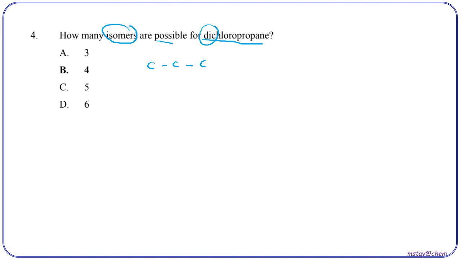When we have 2 Cl, they can be attached to different carbons like this: CH3, CH2, CHCl and CH3. Then another possibility is CH2Cl, CH2 and CH2Cl. Okay, it's 1,2 and 1,3.